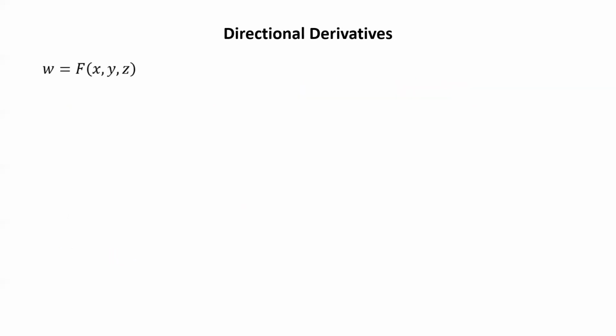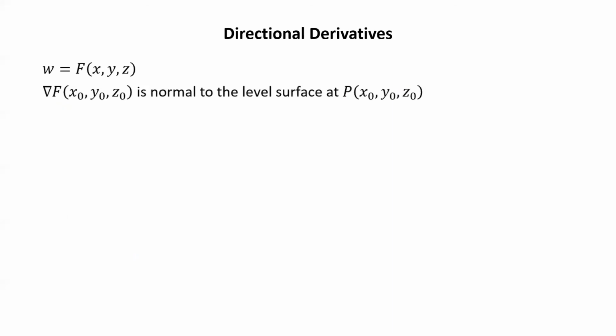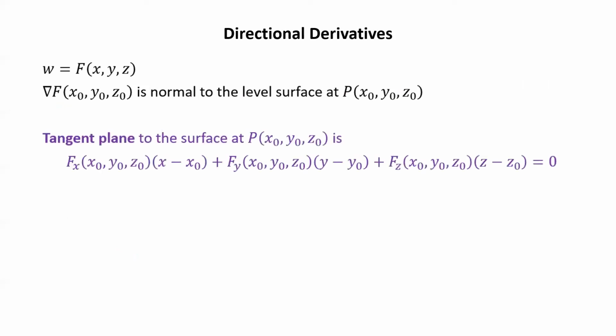Let w be the function capital F of x, y, z. The gradient of capital F at (x0, y0, z0) is normal to the level surface at the point P, (x0, y0, z0).